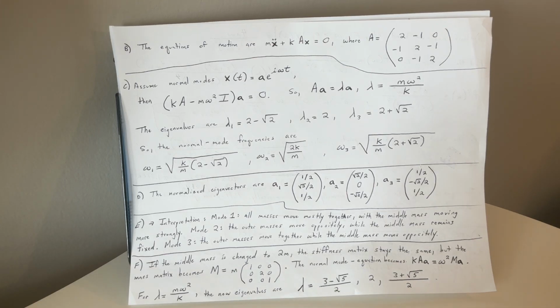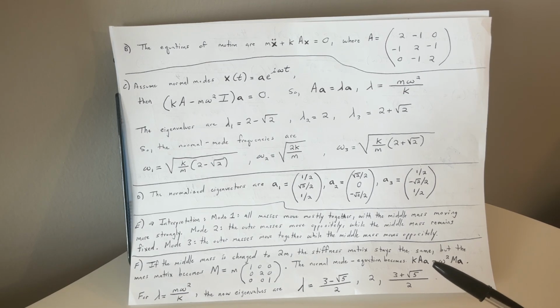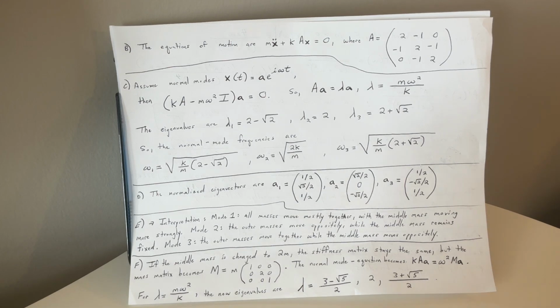So the normal mode equation becomes k times the stiffness matrix times the mode shape vector equals omega squared times the mass matrix times the mode shape vector. So lambda equals m omega squared over k, and the new eigenvalues are lambda equals 3 minus square root of 5 over 2, 2, and 3 plus the square root of 5 over 2.